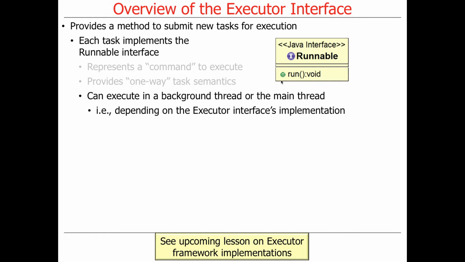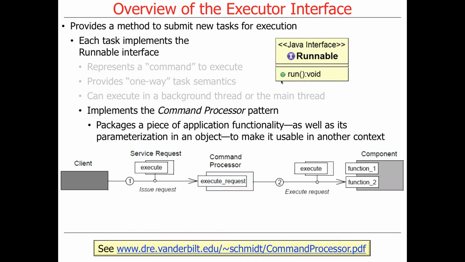Of course, the way that you dictate which it does is based on the implementation that you configure when you make an instance of the executor interface, which is often, although not always, done via the factory methods in the Executors utility class. Under the hood, this particular interface implements the command processor pattern.